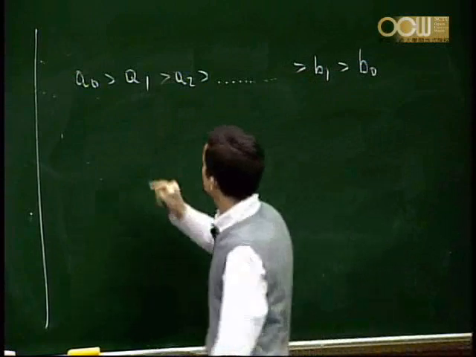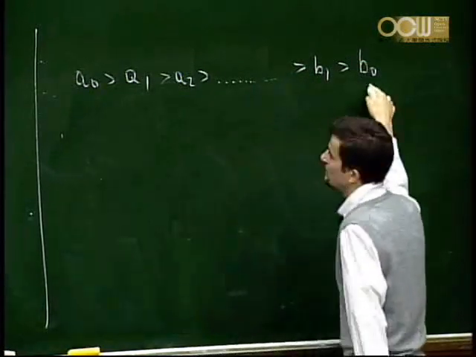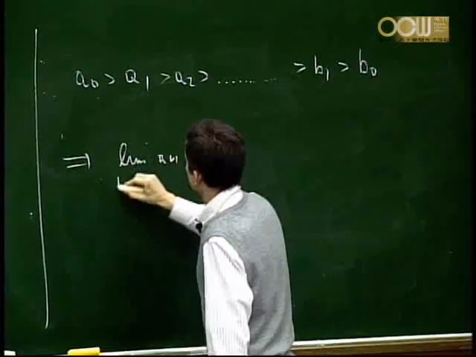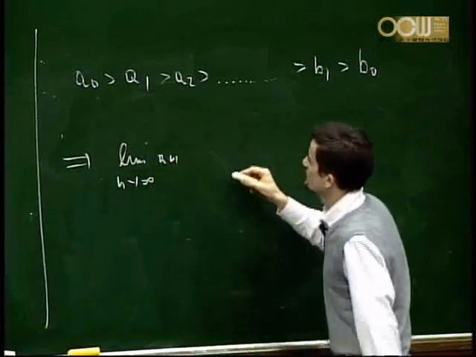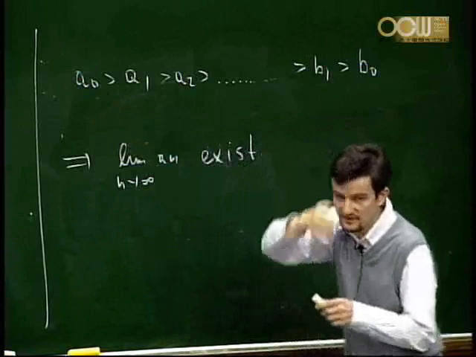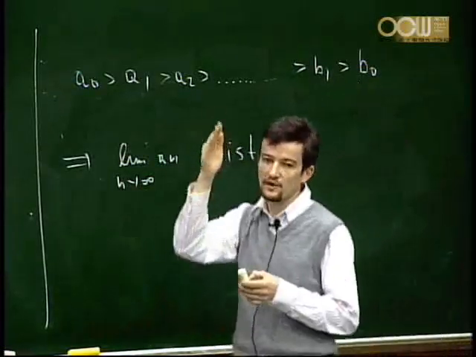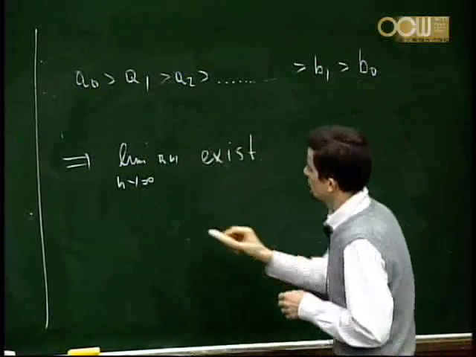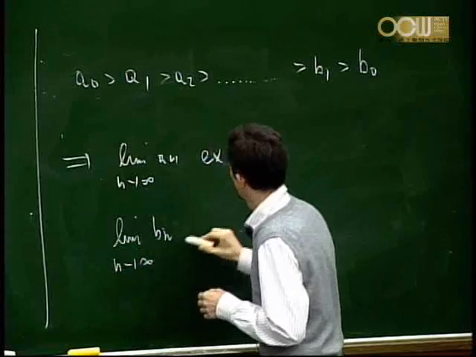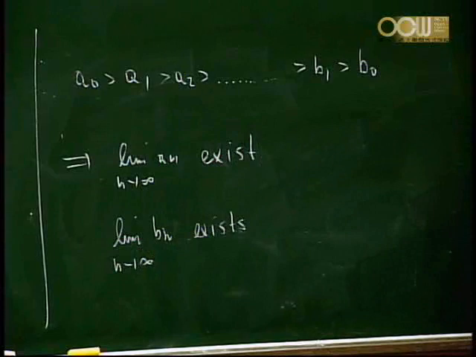So the a sequence is decreasing and bounded from below, so the limit of a_n as n tends to infinity exists. Because the sequence of the a_n is decreasing and bounded from below, and the sequence of the b_n is increasing and bounded from above, also the limit of b_n exists.